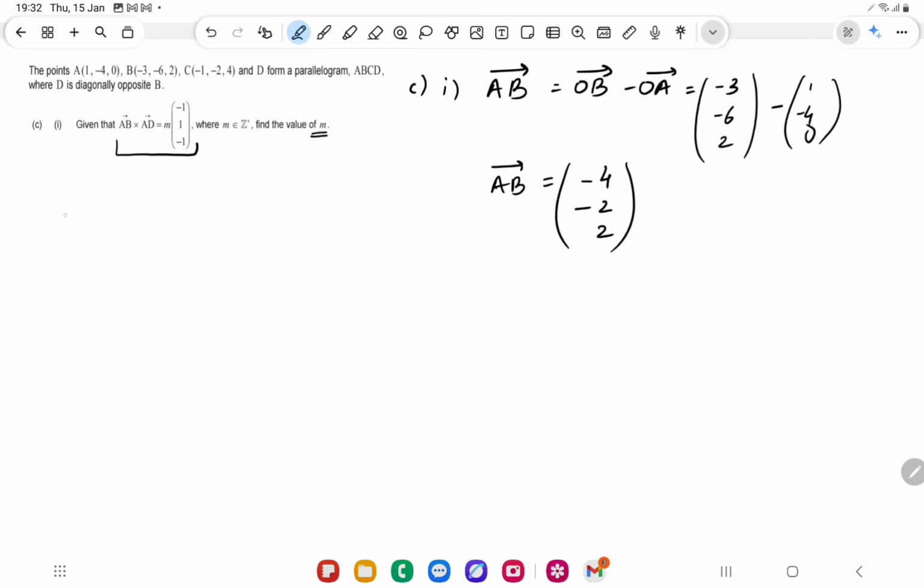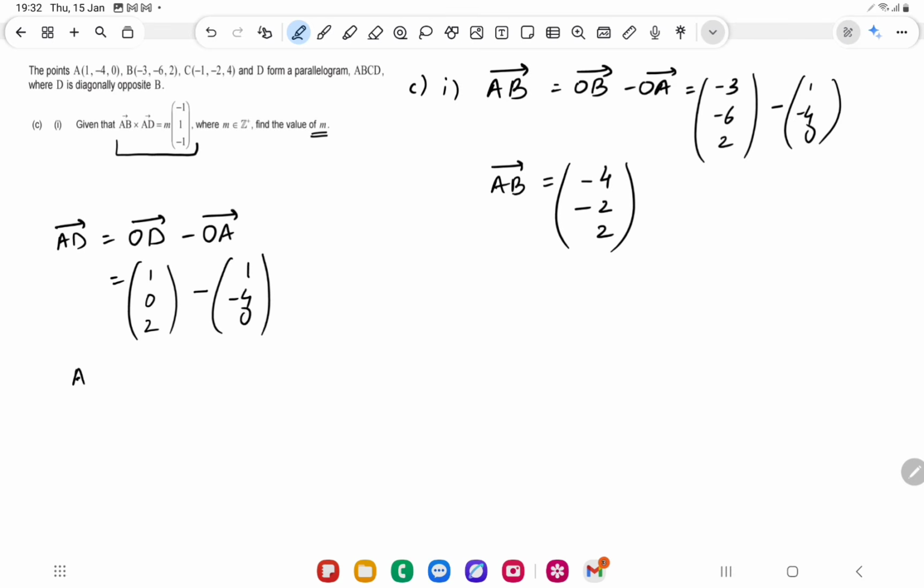Similarly, I will find the AD coordinate as OD minus OA. I always do final minus initial. So OD is 1, 0, 2, this is the answer which we got from the A part. Minus OA, which is 1, minus 4 and 0, will give me the AD vector as 2, 4, 2.